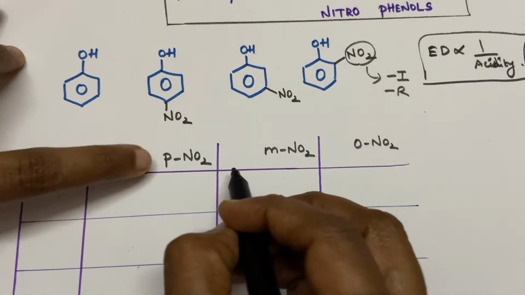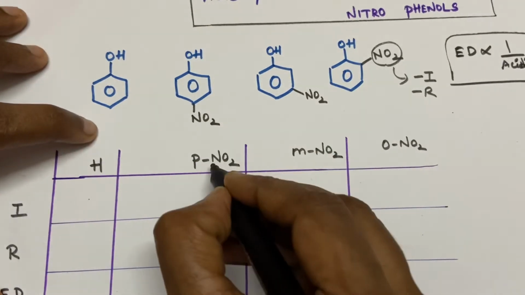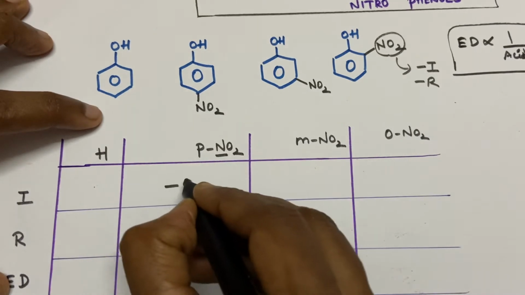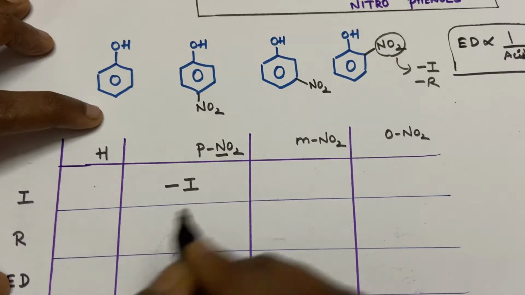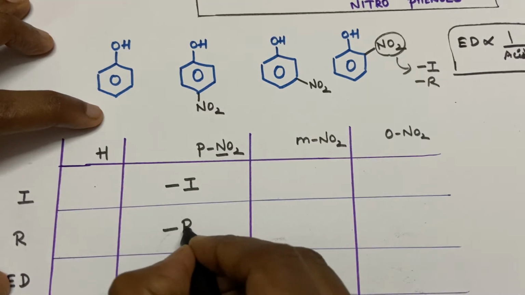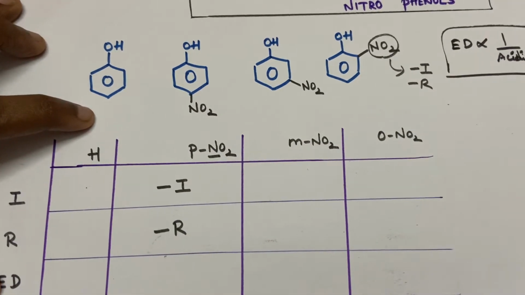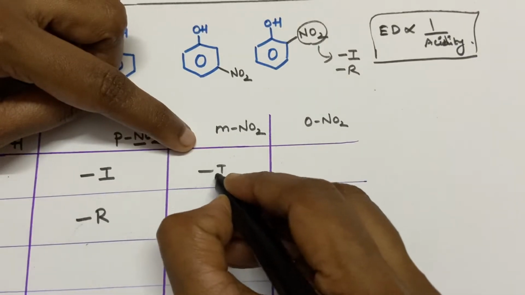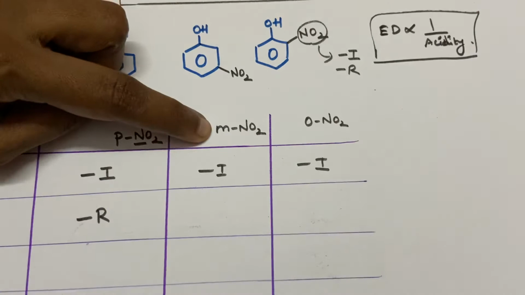Nitro is more electronegative than carbon, so it will show minus I effect. It has unsaturation, so it has minus R. If it has a lone pair only, it will show plus R.